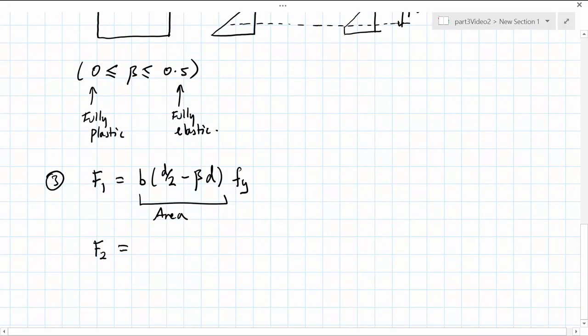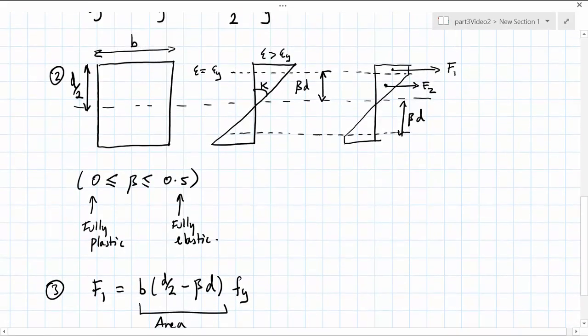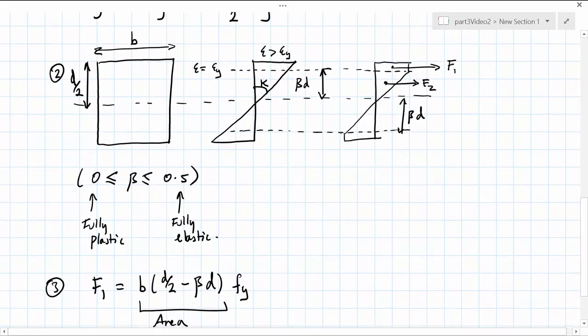F2 similarly is given by half times b times beta d, and this is multiplied again by the stress Fy. So in one case we're evaluating a rectangular area, and in another case for F2 we're evaluating a triangular area.